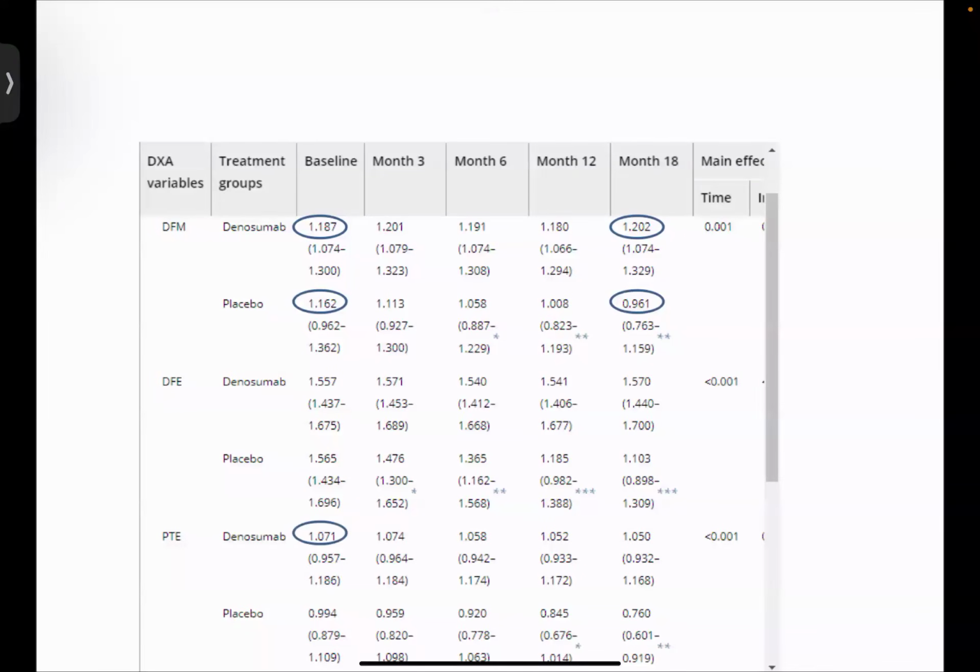At the proximal tibial epiphysis, the denosumab group had BMD of 1.071, which remains 1.05, and that is statistically significant. In the placebo group, there is a reduction from 0.99 to 0.76. So from this study, we can see that denosumab can maintain the bone mineral density around the knee joint.